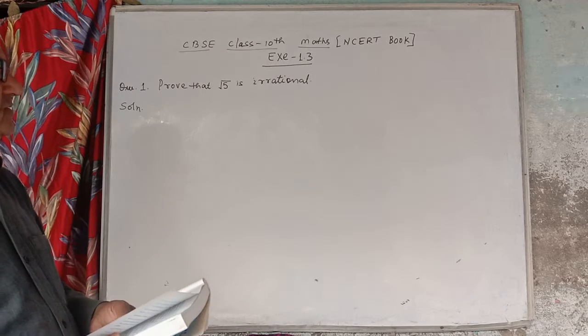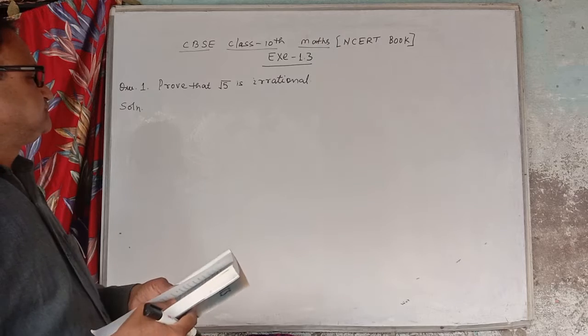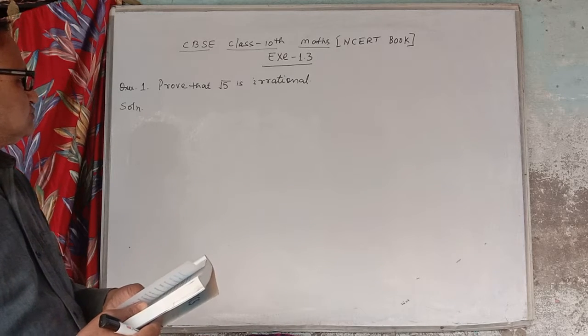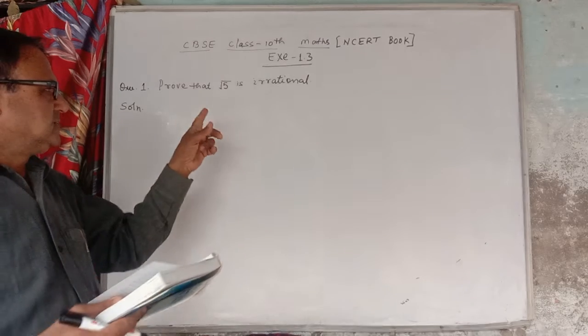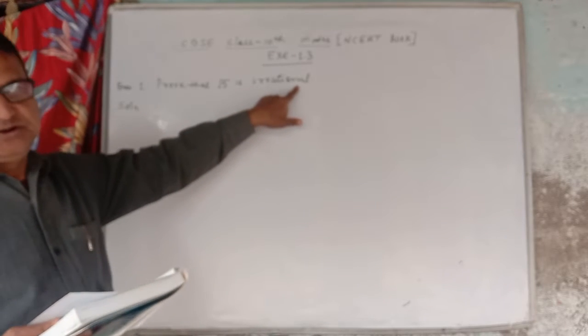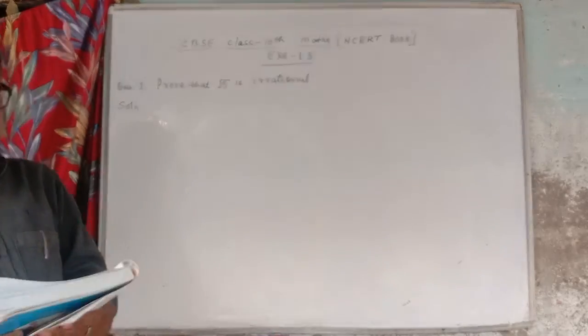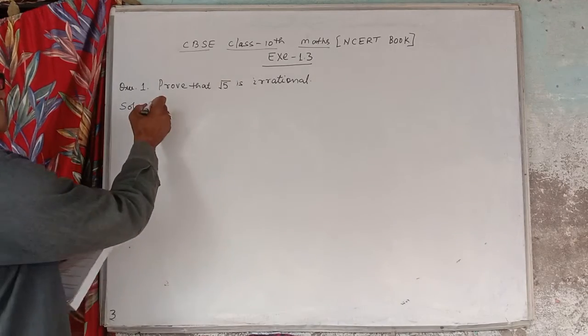Now exercise 1.3. Question number 1 is to prove that root 5 is irrational. We have to prove that root 5 is irrational. Solution.